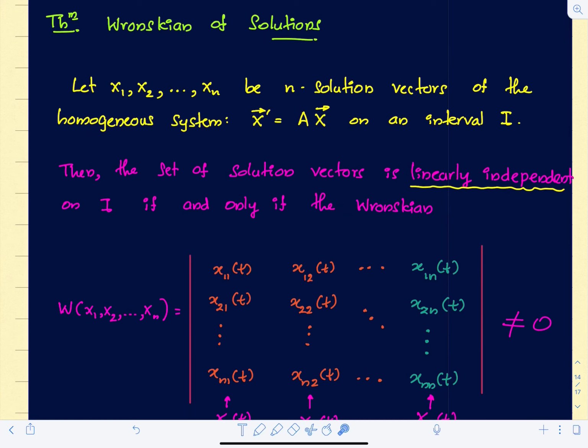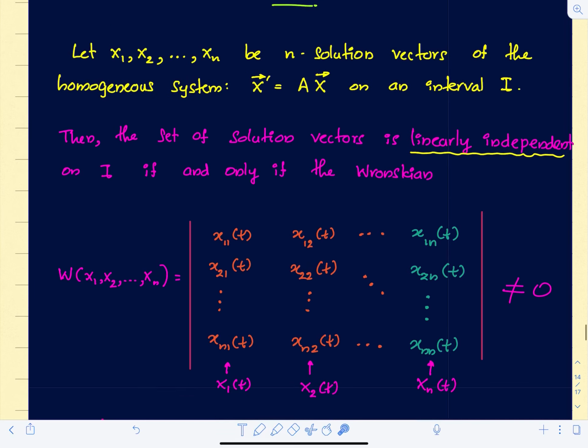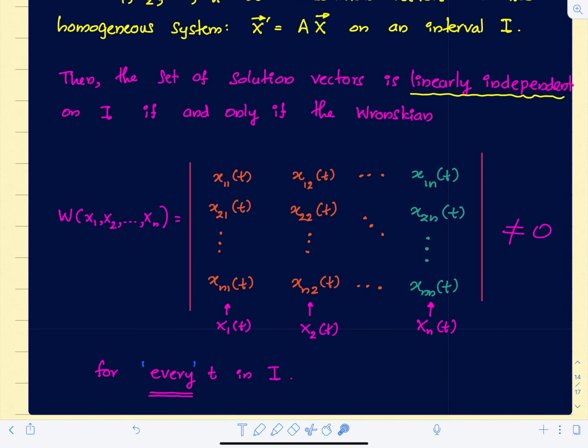This theorem says if we have n number of solution vectors x1, x2 up to xn, maybe these are functions of t, so we have n number of solutions for this homogeneous system x prime equals Ax, then these solutions are linearly independent if and only if this Wronskian does not equal 0.